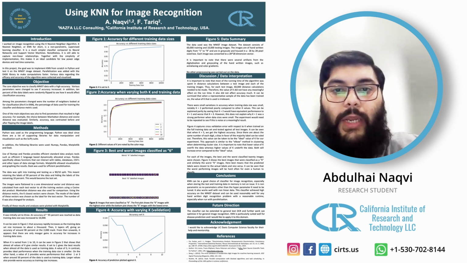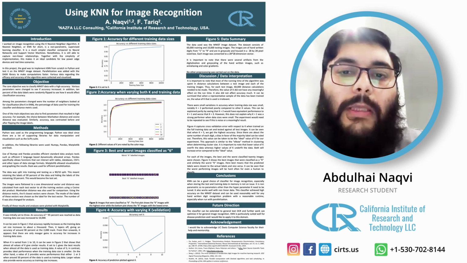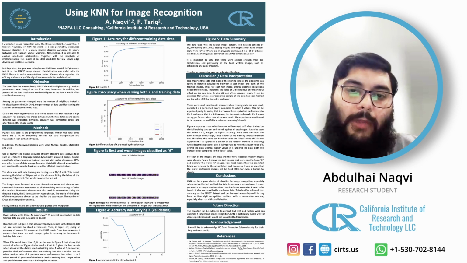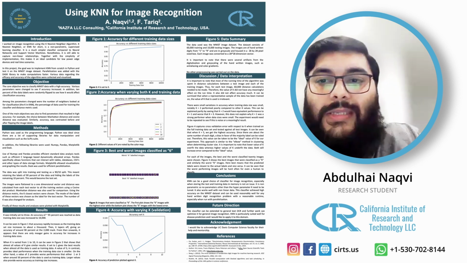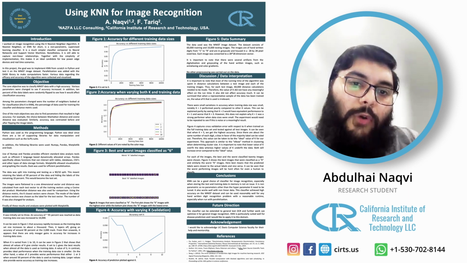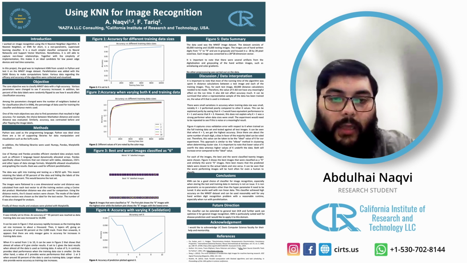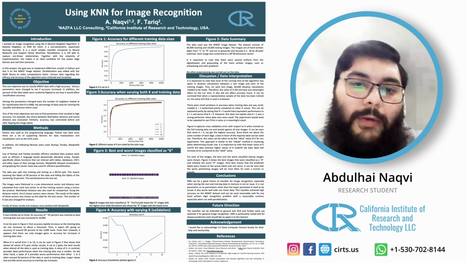So I'll take the 3 nearest neighbors of that particular test image, and I'll see what the label is. So let's say the test image I'm looking at, I don't know if it's a 1 or a 2 or a 3, and the closest labels are 2, 3, and 3. So I will take a vote between the 3, and I will say that 3 is my mystery image. That's the label for it.